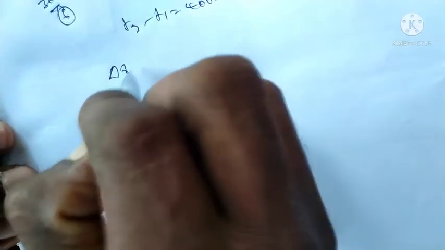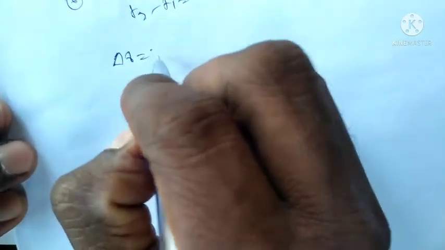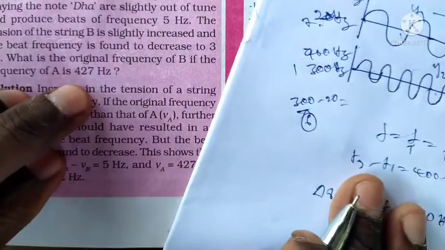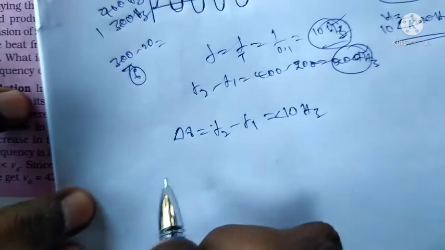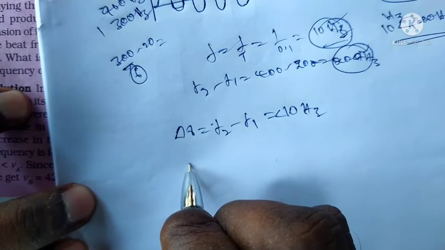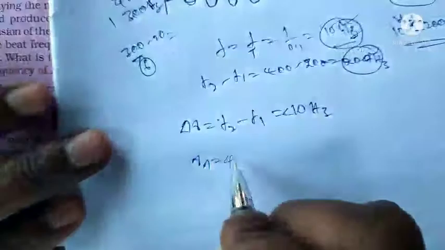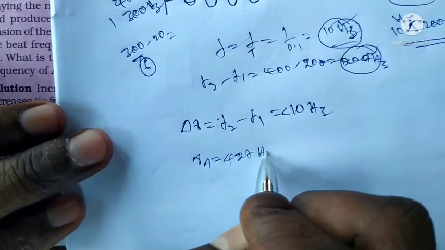Now see here, beats. We can measure the beat difference, f2 minus f1. Suppose the frequency of A is 427 hertz.